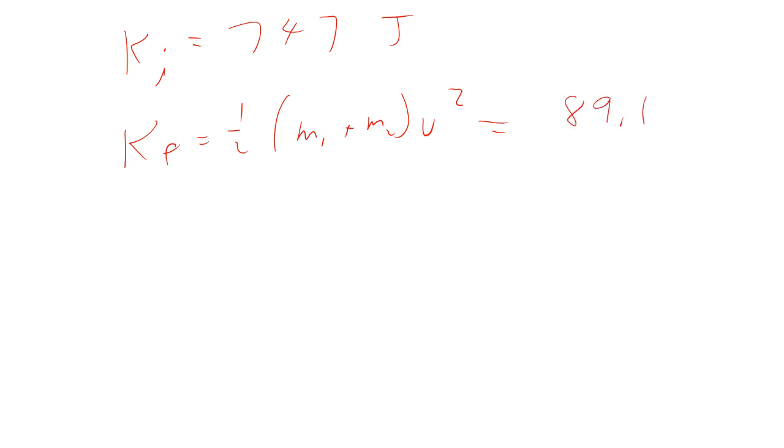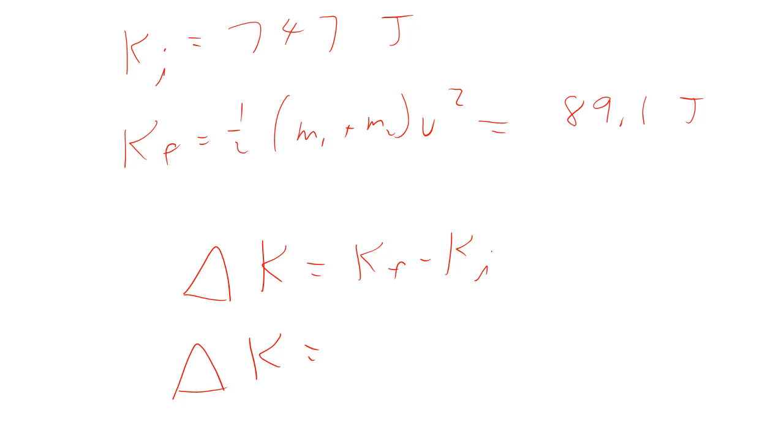So initial kinetic energy did not change. That was still 747 joules, but final kinetic energy is going to be 1/2 (m1 plus m2) times the final velocity squared. And now that is radically different. It's 89.1 joules. So the difference, K final minus K initial, is now minus 658 joules.